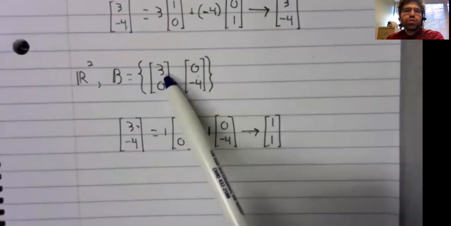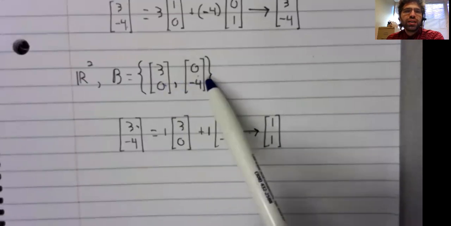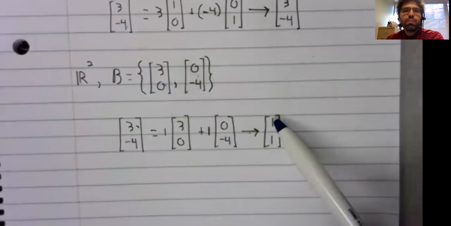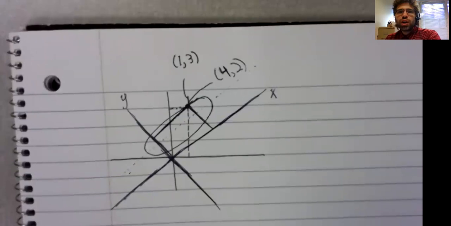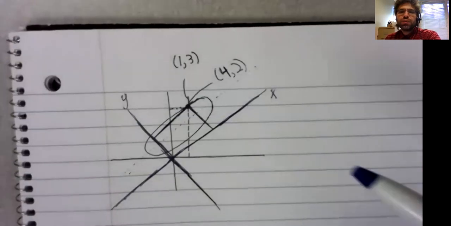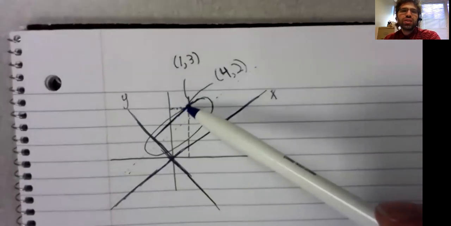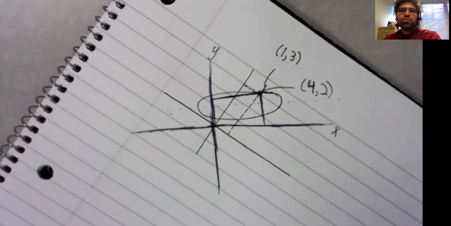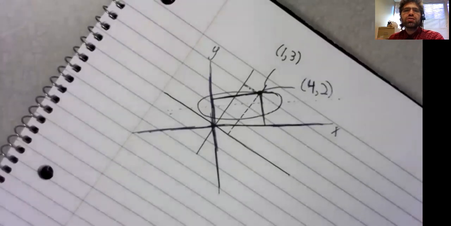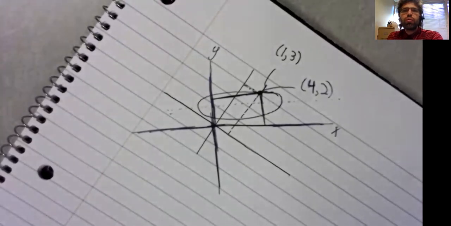If we want to use this non-standard basis, it becomes 1, 1. If we want to use our regular x and y coordinates, this is 1, 3. If we want to use these redrawn x coordinates, it's 4, 2.